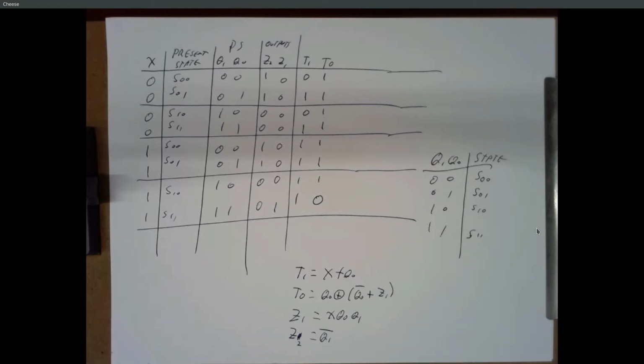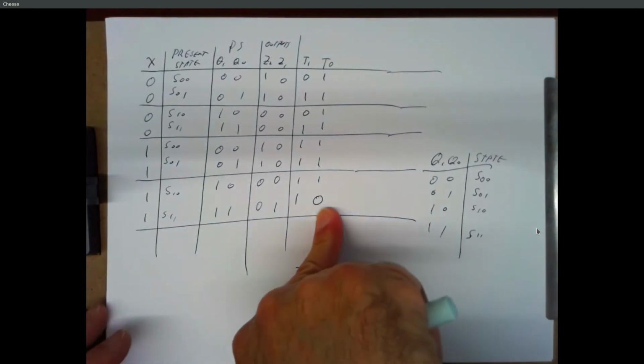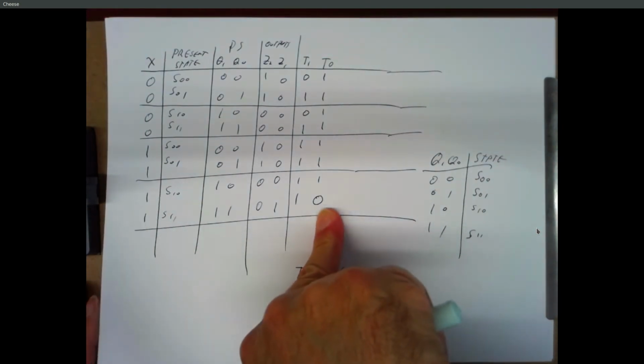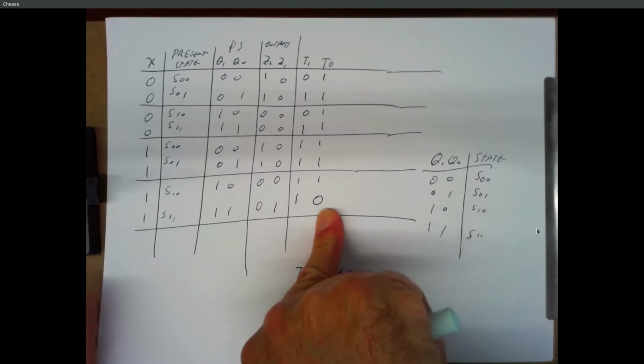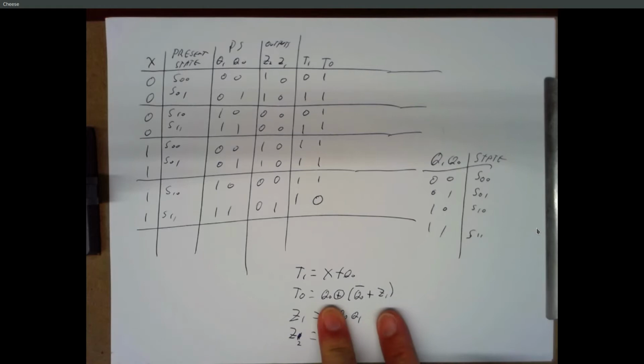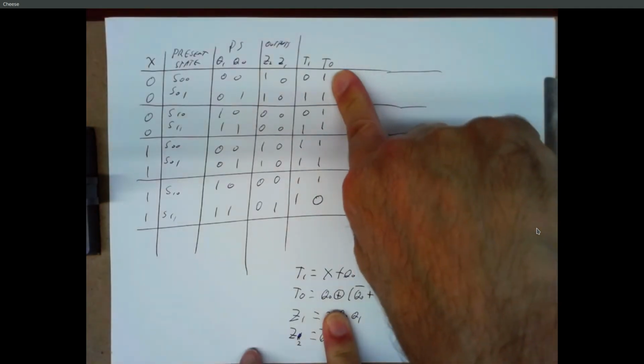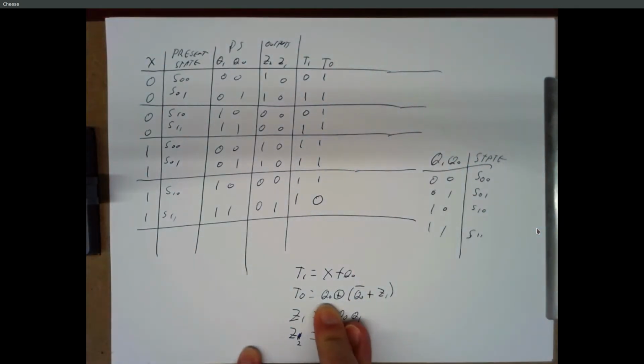So about half the people had T0 wrong, but their truth tables agreed. So I'm thinking there's something that I misspoke on or got misinterpreted about either XORs or something, because I saw the same equation for everybody, but there were a lot of zeros up here. So is there any question about how to do these XORs?